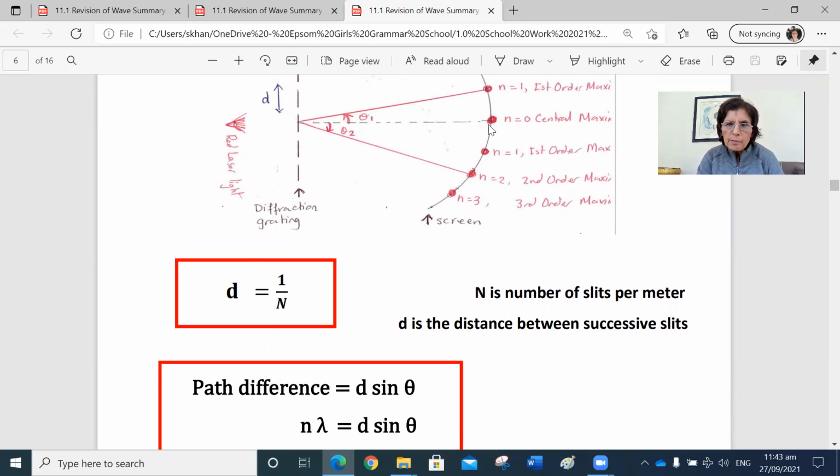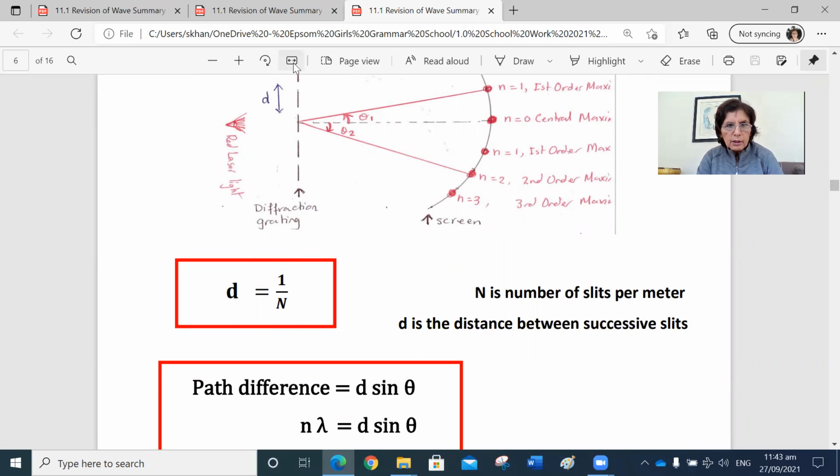If we measure this angle from here to there, then n will be 1, and that will be the angle. If we measure the angle from here up to the second order maxima, then n will be 2, and that will be the angle.